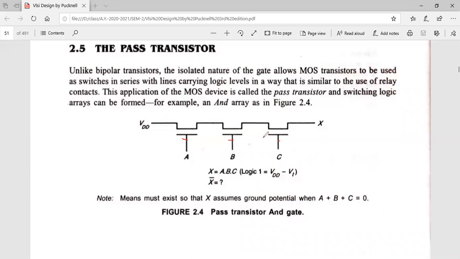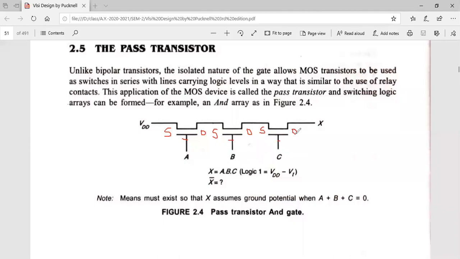Now, the transistors are connected in series from end to end. For example, if you take a transistor A, this may be the source and this may be the drain, and this may be the source of this next transistor.